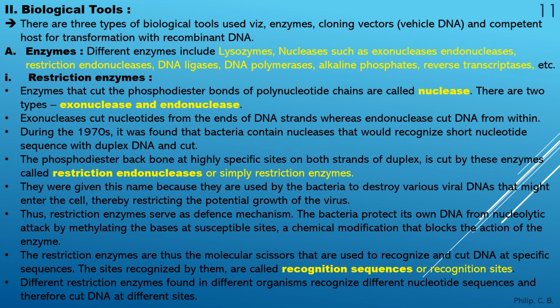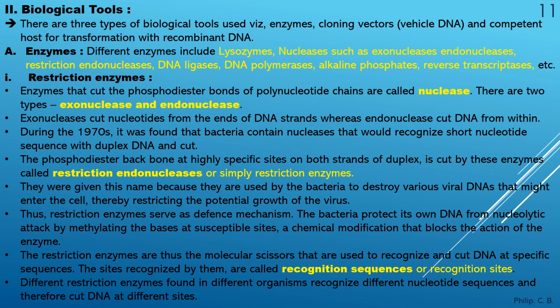They are of 2 types, exonuclease and endonuclease. As I told you in simple words, remember, scissors. So these restriction enzymes are the scissors which help to cut the required chain or the DNA. Exonucleases cut nucleotides from the ends of DNA strands, whereas endonucleases cut DNA from within.